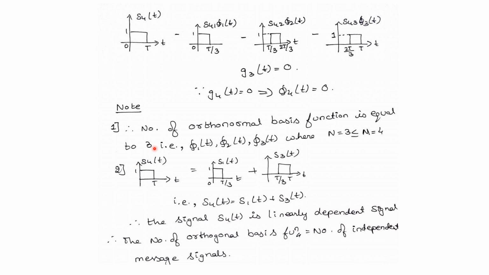And the second point is, if we observe the signals S4 of t, S1 of t and S3 of t, we can say S4 of t is the sum of S1 of t and S3 of t. So we can say that the signal S4 of t is a linearly dependent signal. The number of orthogonal basis functions is equal to the number of independent message signals.